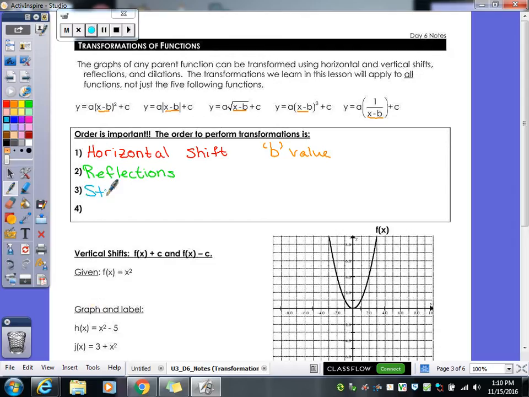After that, you do any stretches or shrinks. Those involve your a value of your equation. So if you look up above, your a value is always the one that's out in front.